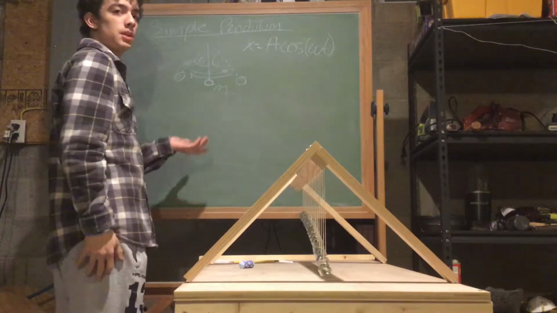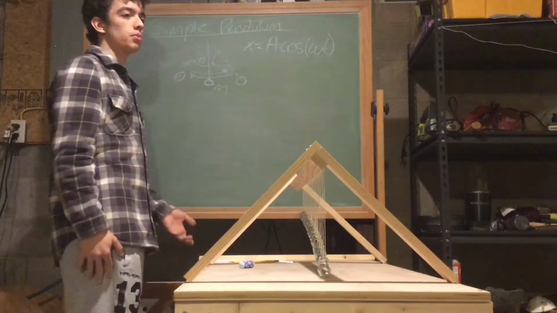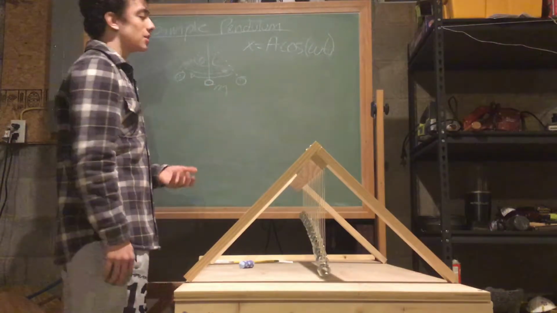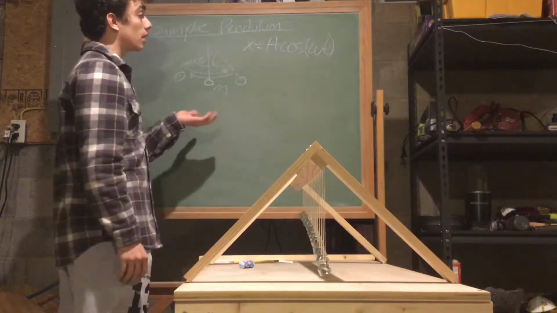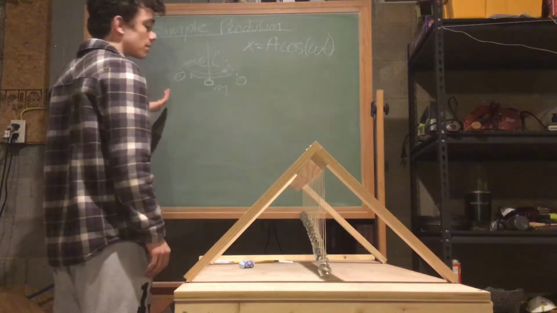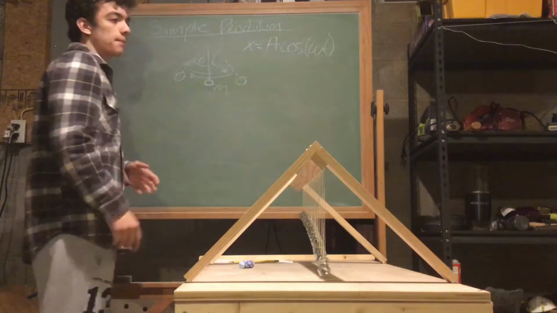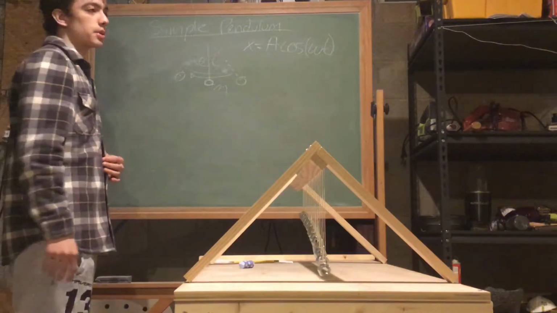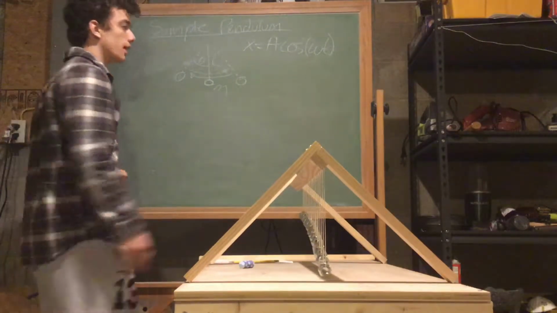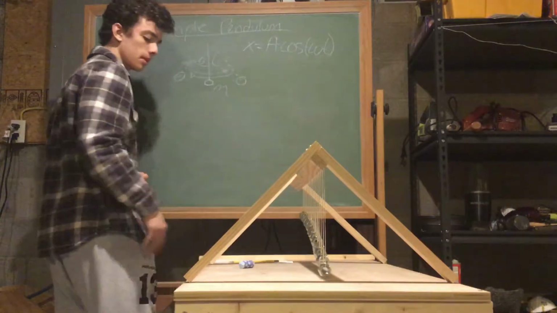Amplitude simply is just the maximum and minimum displacement that the mass can move. Omega is radians per second, which is angular velocity, and t simply just stands for time.